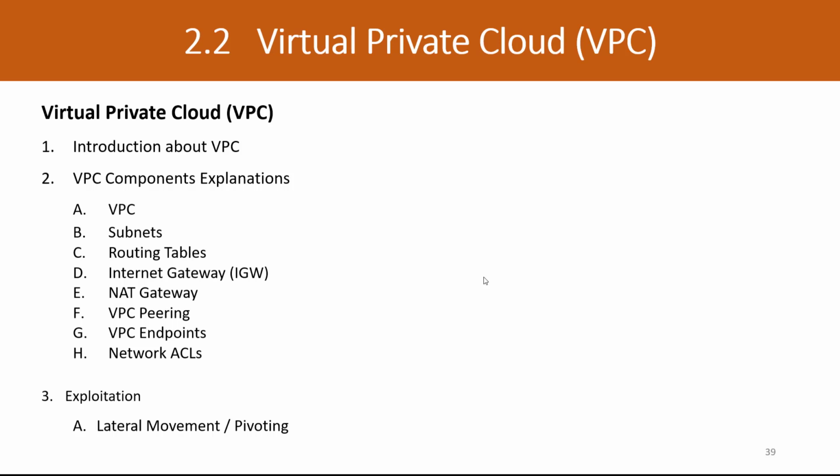And at the end, we will discuss how we can perform lateral movement or pivoting from one VPC to another VPC. This is similar to network pivoting or lateral movement within on-prem infrastructures. The same thing we are going to simulate in a cloud environment. So let's discuss each one by one.